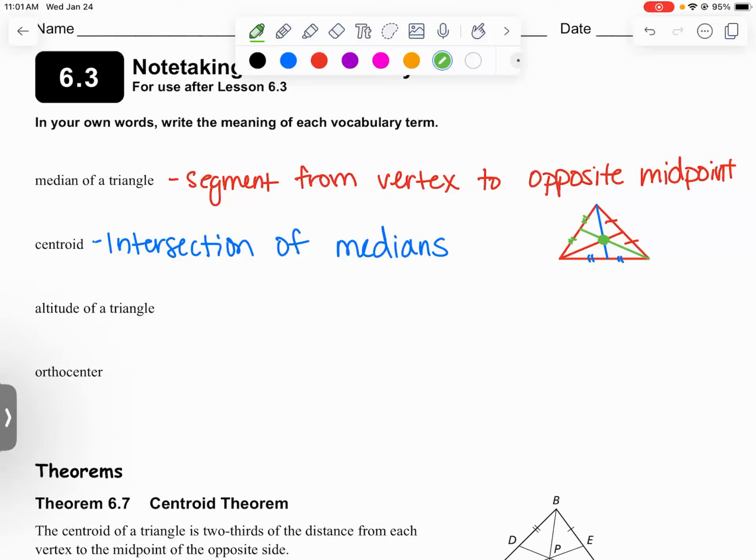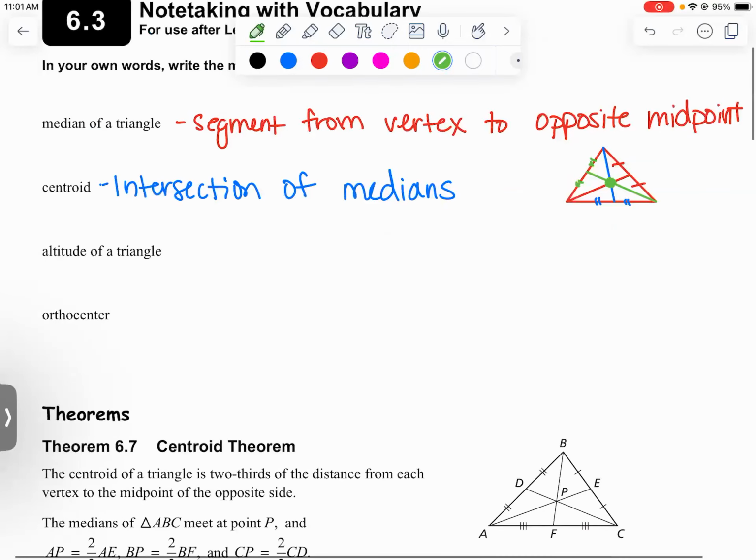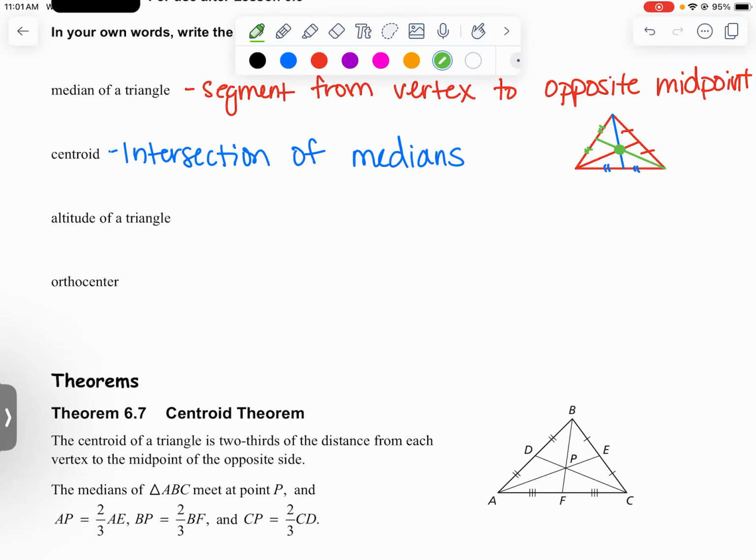This actually has some really cool properties. First of all, I think it's the nicest to look at of the 4 we're going to talk about. It's less complicated because we're only talking about the 3 medians. We don't have extra segments to worry about distances.